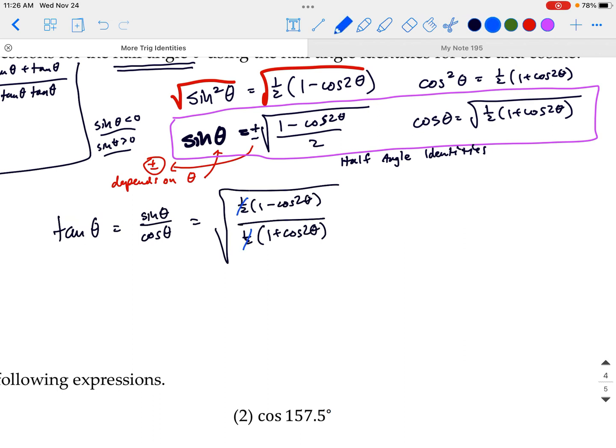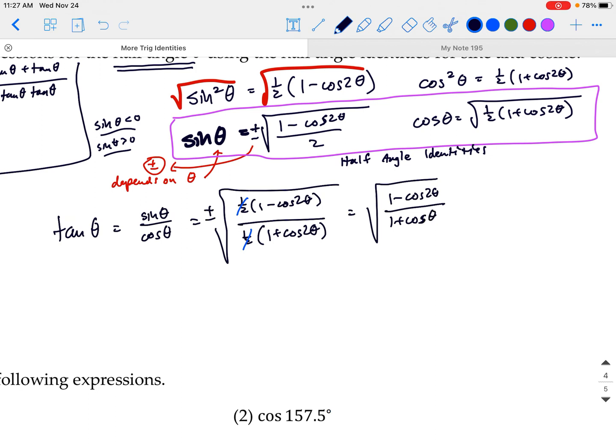So the halves cancel, which is nice. And then we've got this expression. So we've got the radical of 1 minus cosine 2 theta over 1 plus cosine 2 theta.